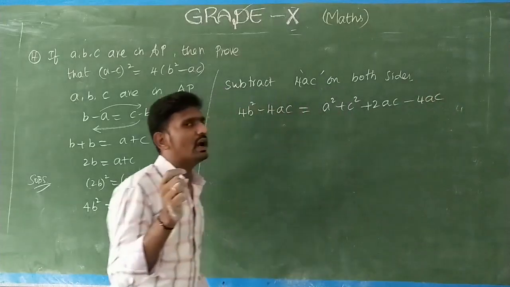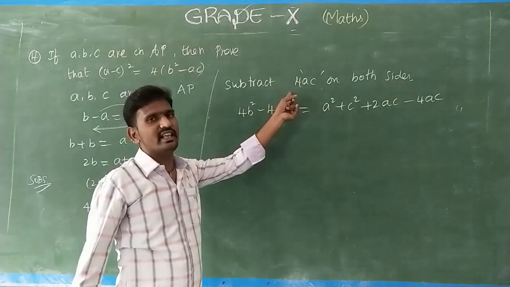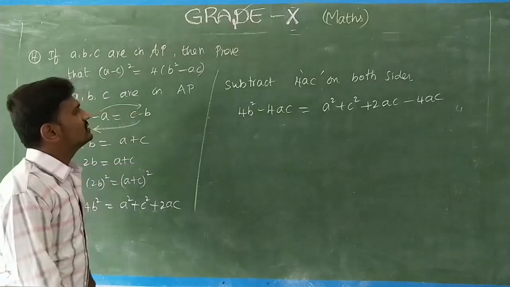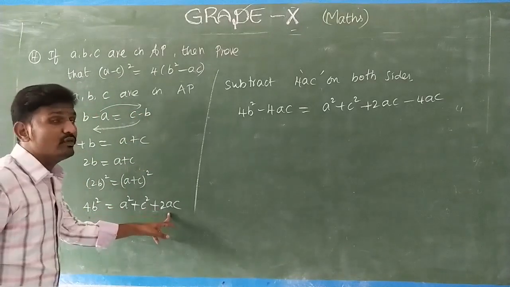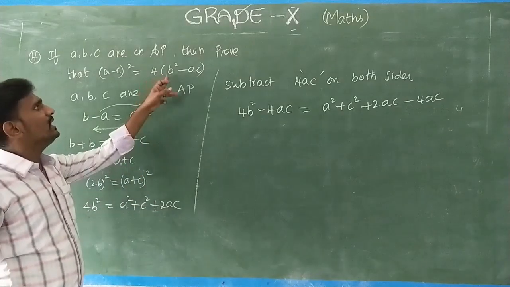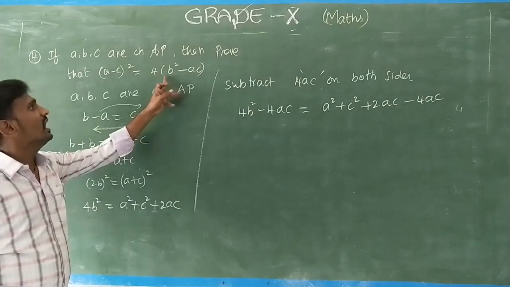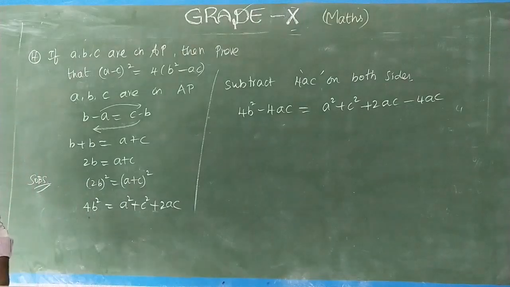Hey students, you may have one doubt. Why, sir, are you subtracting only 4AC? Can't we subtract 2AC? Like that you are thinking. Yes student, see, if you subtract 2AC, then the 2AC will be cancelled. But we need B square. See, 4 into B square is 4B square and 4 into AC is 4AC. That's why I am subtracting 4AC on both sides.